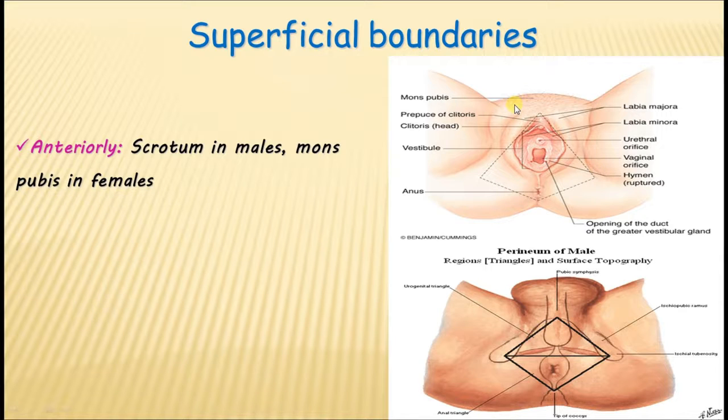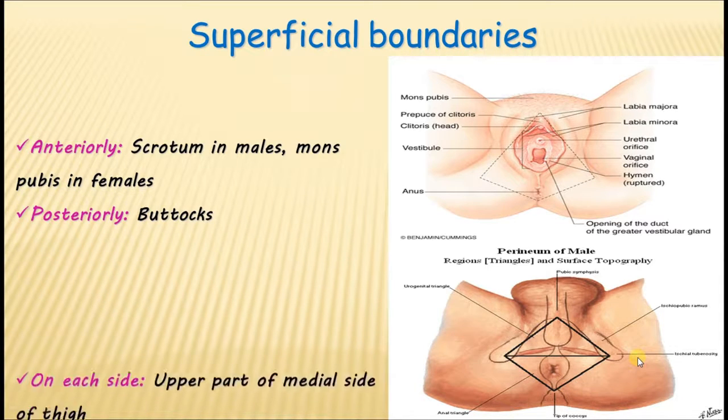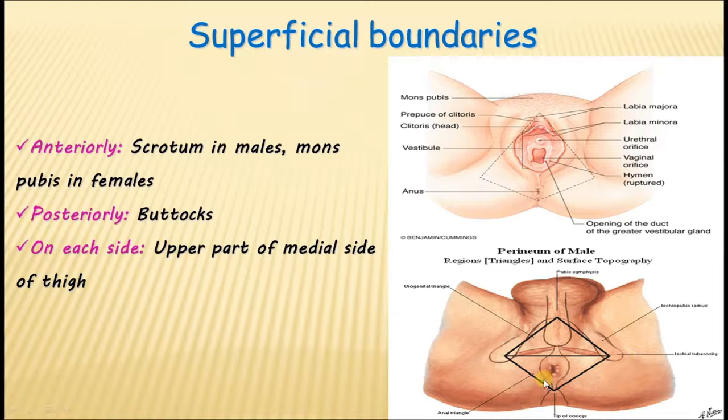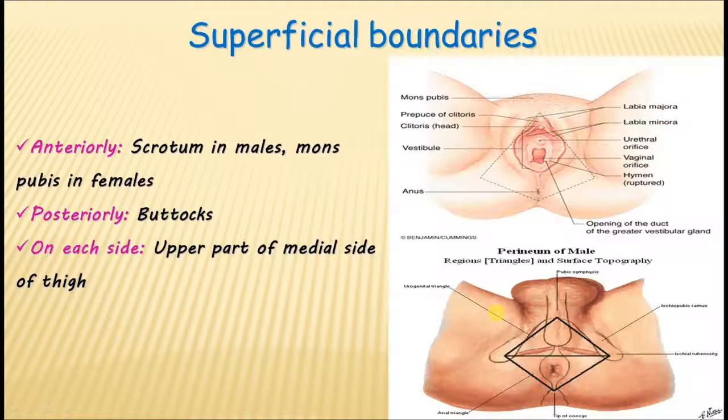Behind you have the buttock region with the natal cleft posteriorly, and on either side we have the medial surface of the upper part of the thigh. So that mainly forms the surface boundaries, and superficially it is lined by the skin.